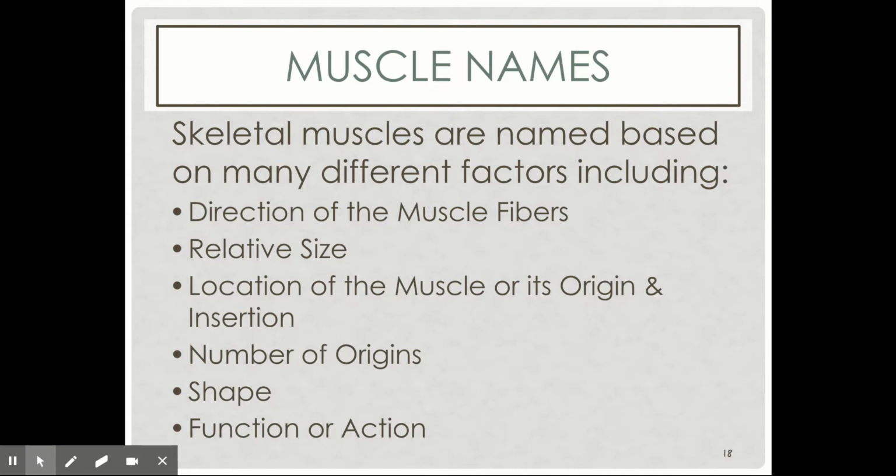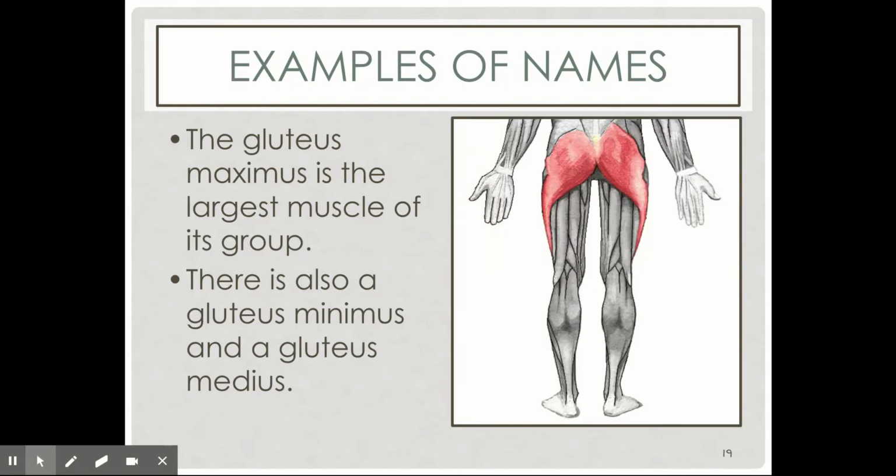So, a couple of factors include the direction of the muscle fibers, the size of the muscle, the location of the muscle, or it could be referring to its origin and its insertion. Sometimes the number of origins, the shape of the muscle, and the function or the action. Okay, so everything in the human body, when it is named, is pretty thoughtful, and you will find that with the muscles. So just some examples.